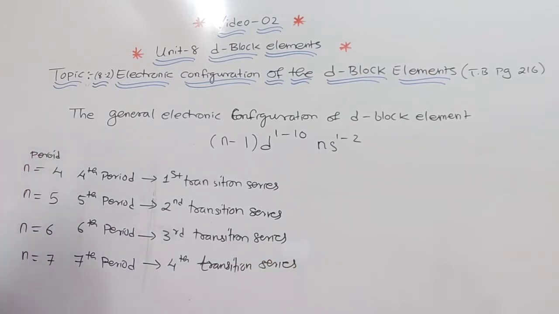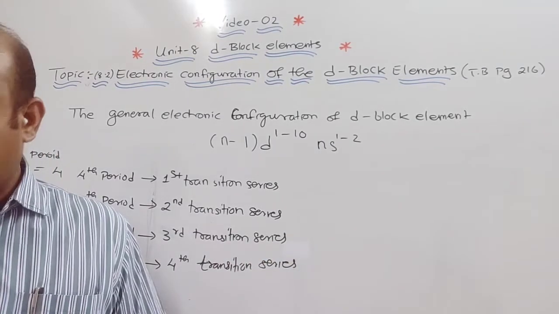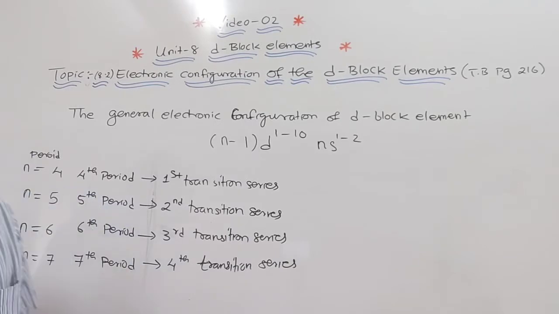Why are they called transition series? I have explained that in our previous video, video 1. The first transition series, as you can see in your textbook, is from scandium, Sc, to zinc.